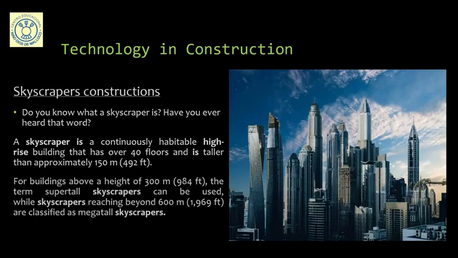For buildings above a height of 300 meters, the term super tall skyscrapers can be used, while skyscrapers reaching beyond 600 meters are classified as mega tall skyscrapers. Right? So, do you know now what a skyscraper is?